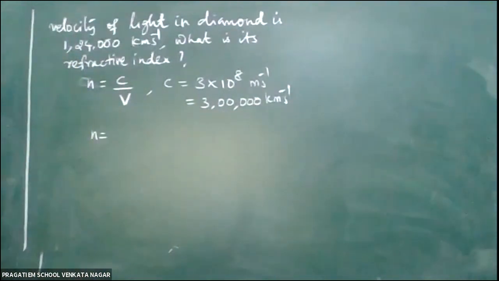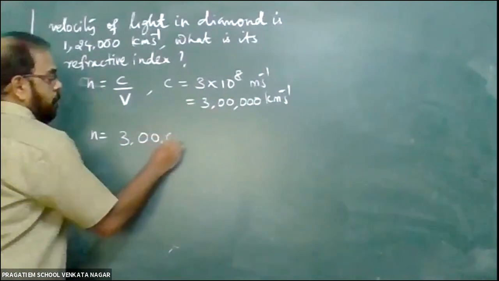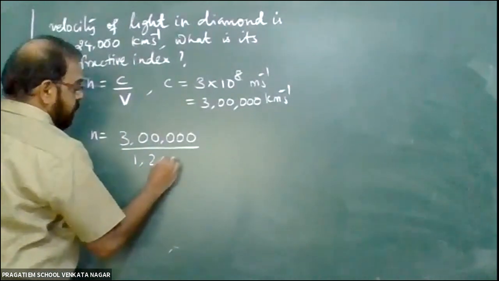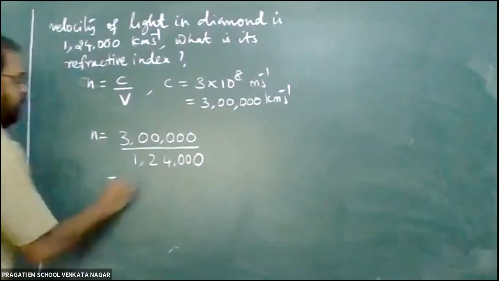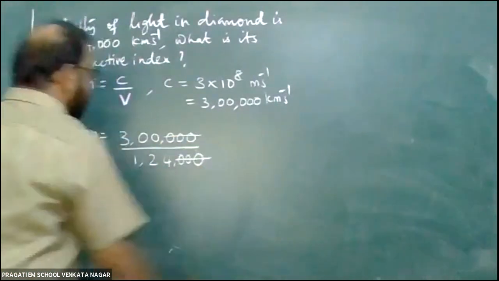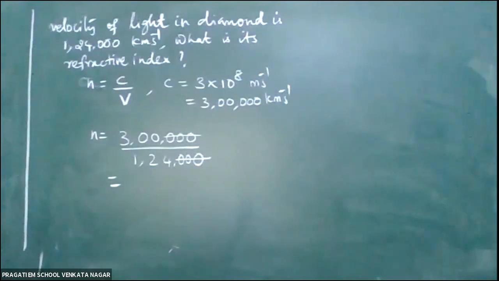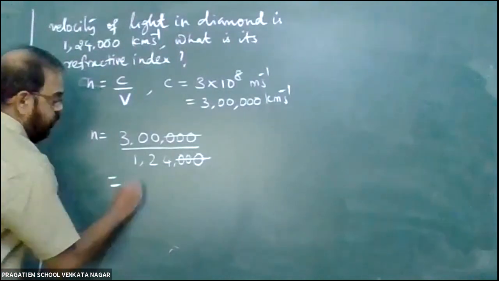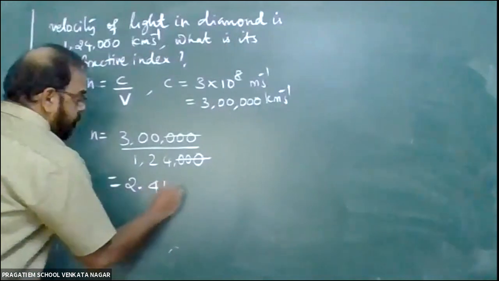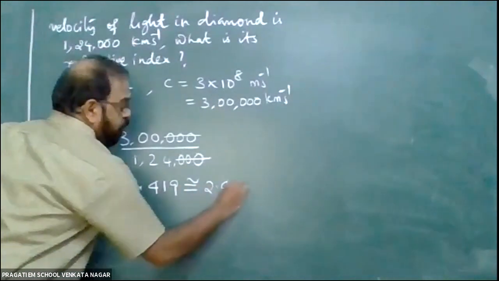So N is equal to 3 lakhs by 1,24,000. When you cancel this, 300 by 124, you get the answer 2.419, numerically equal to 2.4.